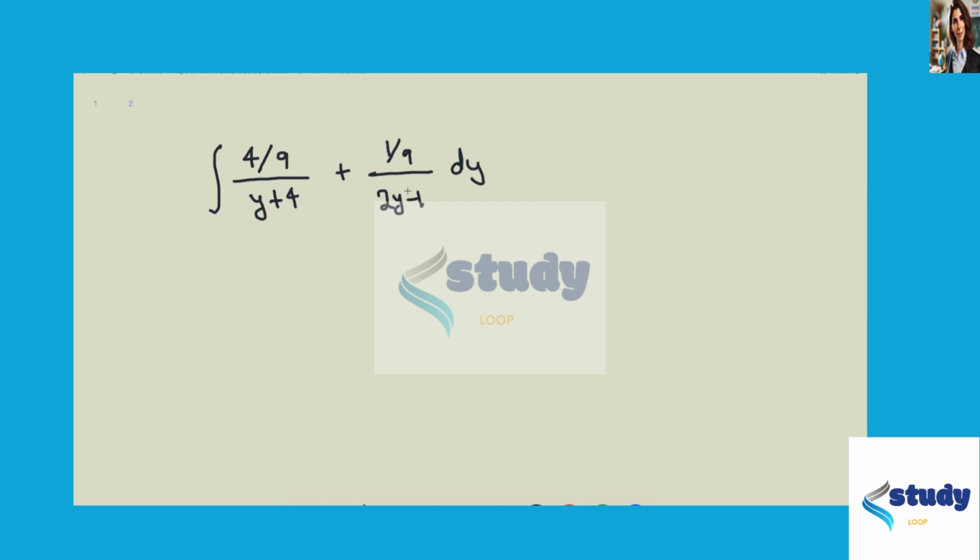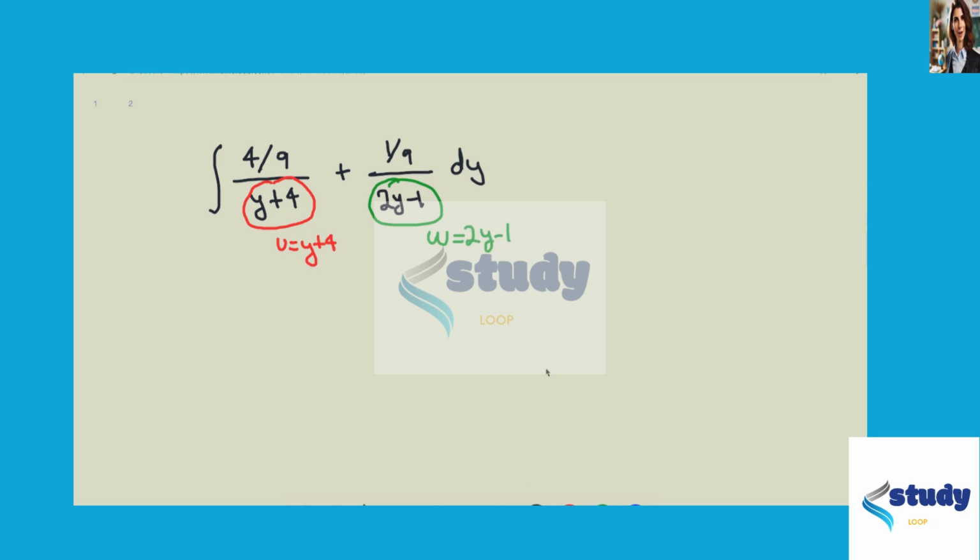These will involve the natural logarithm. If this plus 4 is bothering you, you can go ahead and do a u sub. That should resolve the problem. And similarly for this term, if this 2 and the minus 1 are bothering you, do a separate substitution. Let's do a w substitution, 2y minus 1.